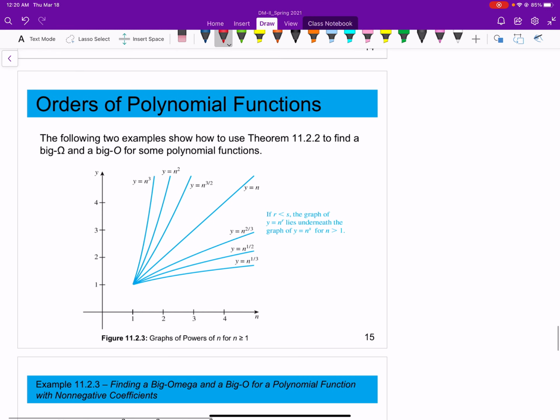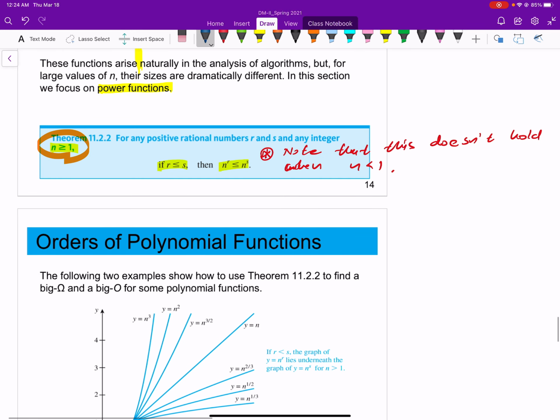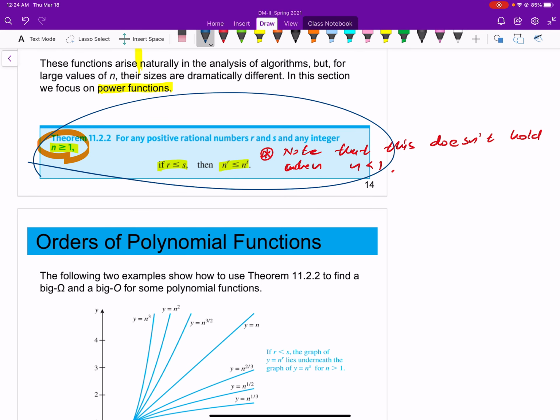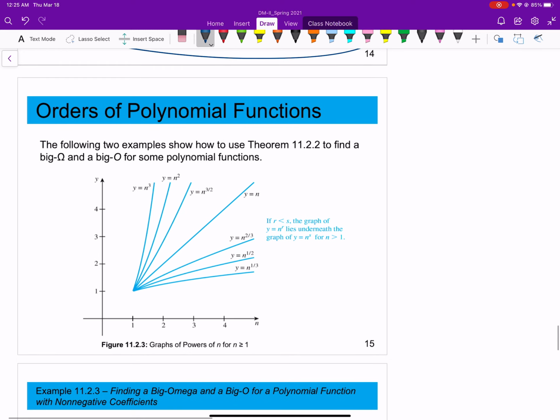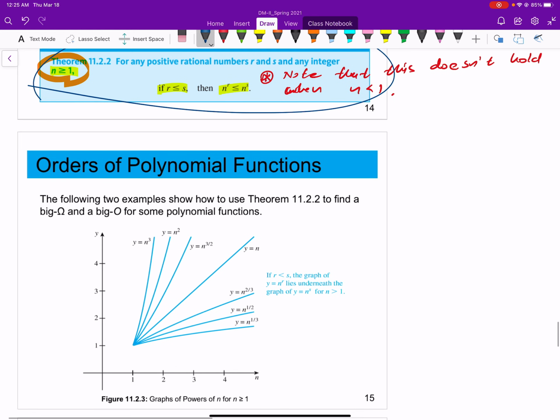All right, let's move to the next slide. Now we are going to show some plots of polynomial functions. Let me read this first. The following two examples show how to use theorem 11.2.2, which is right here, to find big omega and big O for some polynomial functions.